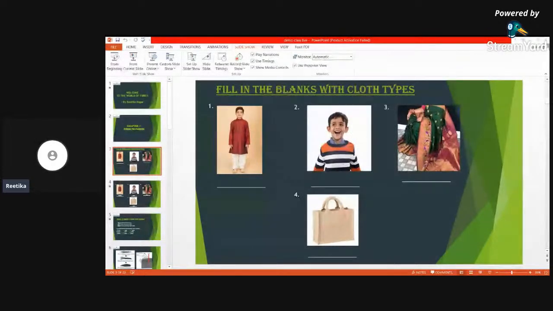Yes, Neha, A is cotton. Very good. What is second? Arohi, very good. First is cotton, second is wool, third is silk, and fourth is jute. Very good, Shweta.